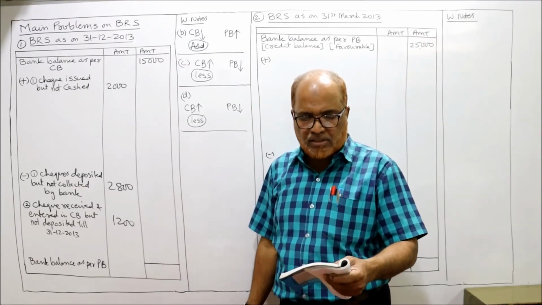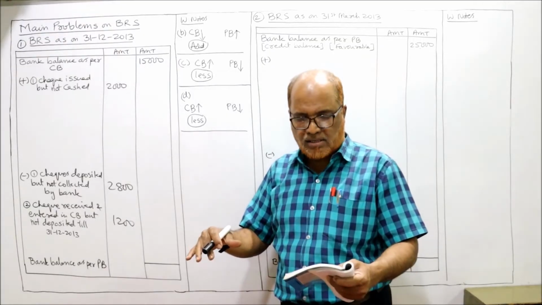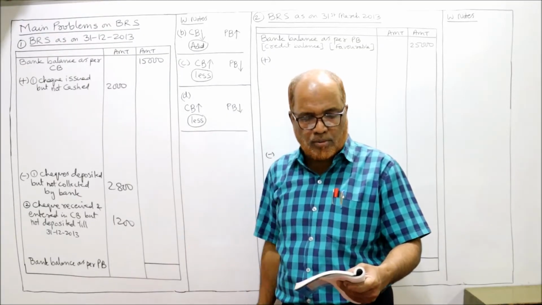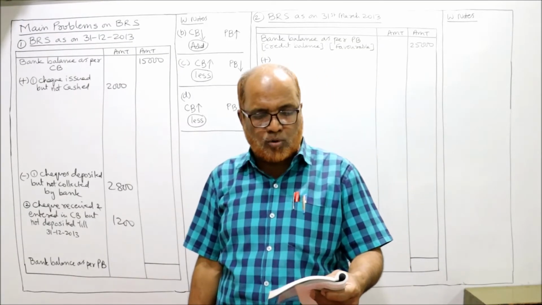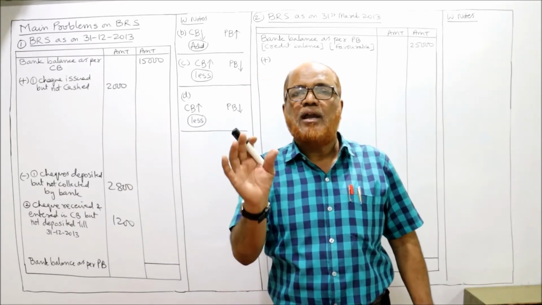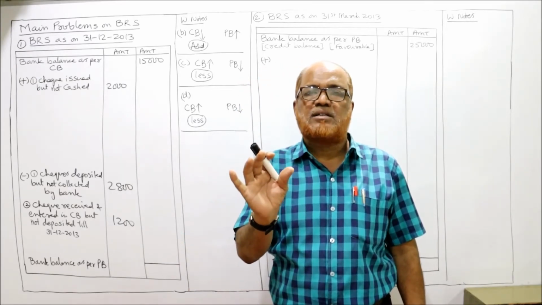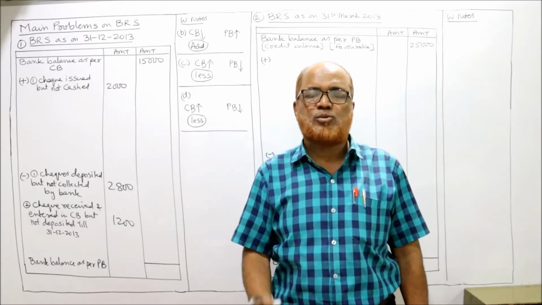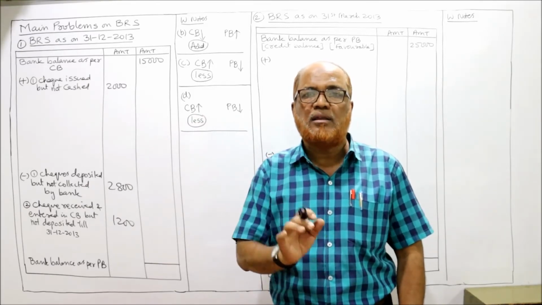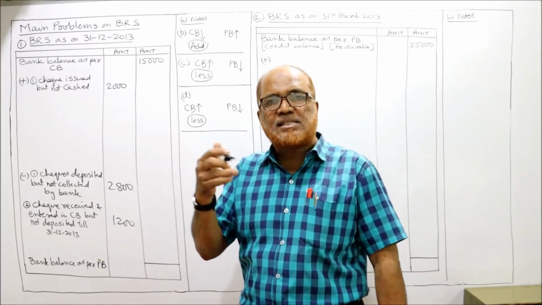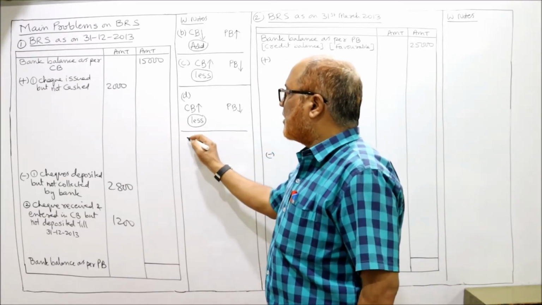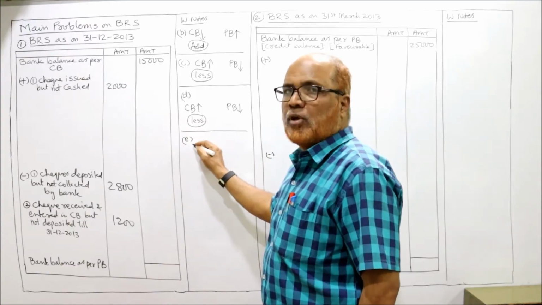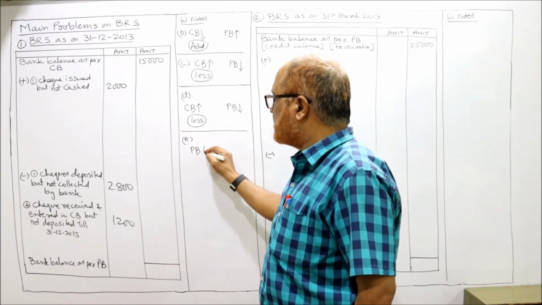Interest on investment collected by the bankers and credited in the passbook but not recorded in the cash book, rupees 800. When the banker has collected, the banker will record it in the passbook, so the passbook balance will increase.